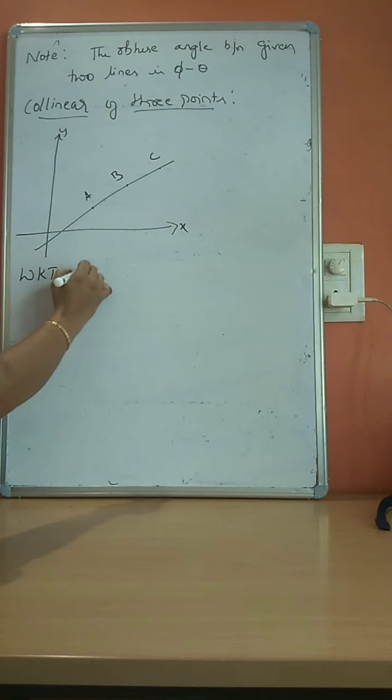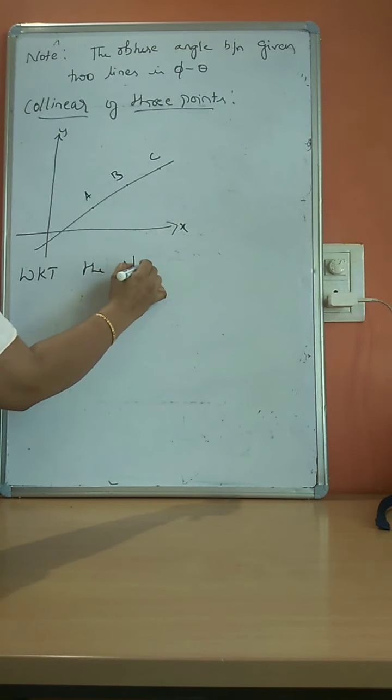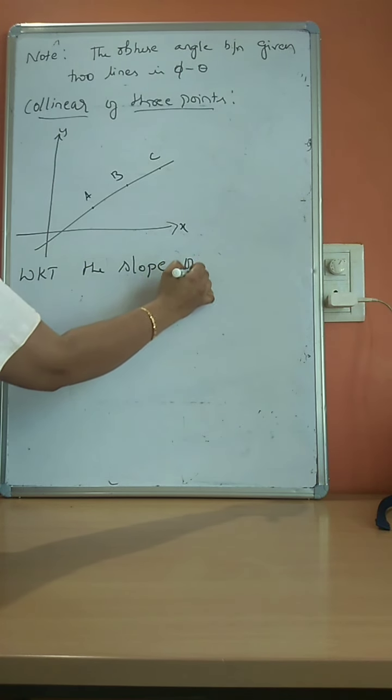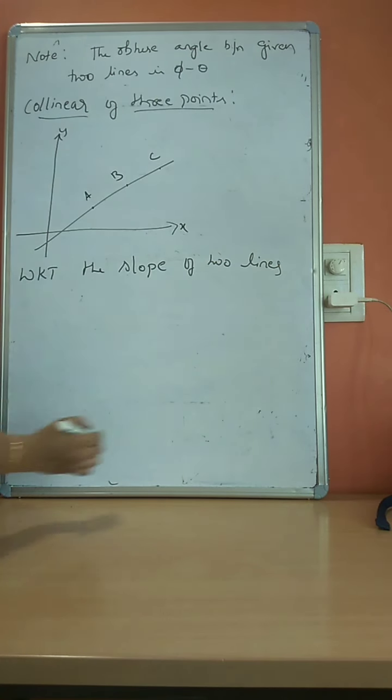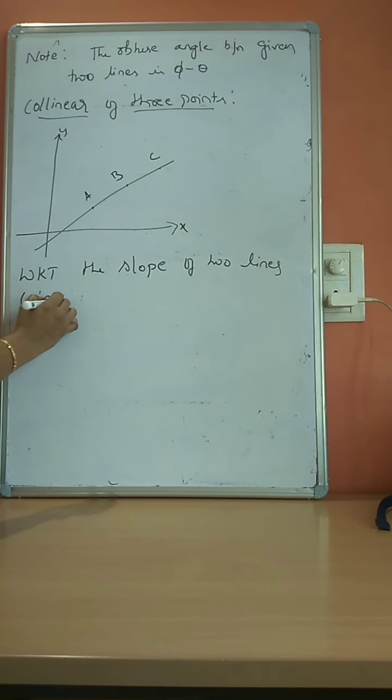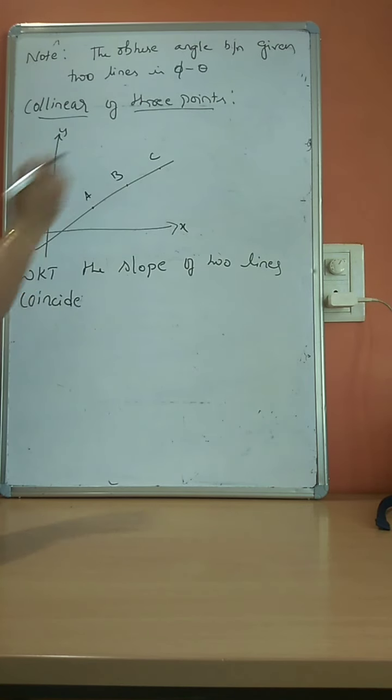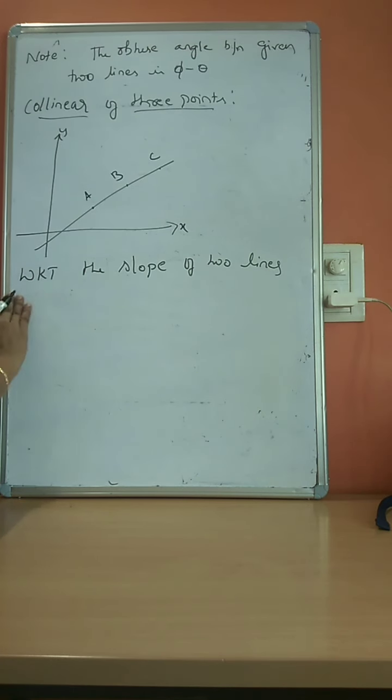We know that the slope of two lines coincide. ಎರಡು ಲೈನ್ coincide ಆದಾಗ the slope of two lines is equal. ತಗೊಳ್ಳೋಣ ಫಸ್ಟ್.